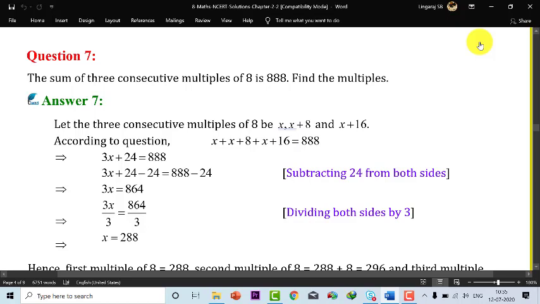So the 24 gets cancelled, only 3x remains on the LHS, and 888 minus 24 is 864. Here the 3 should cancel. To cancel 3, we should divide both sides by 3. So 3x by 3 is equal to 864 by 3. The 3 gets cancelled, x remains. Here 3 ones are 3, 3 twos are 6, here 2 remains, 288.